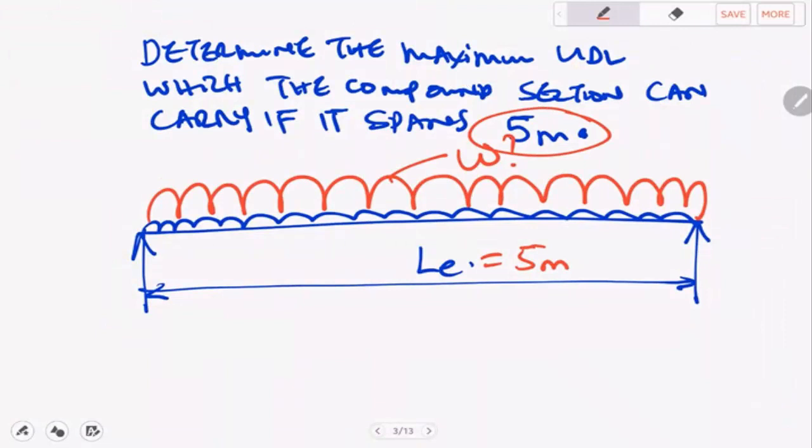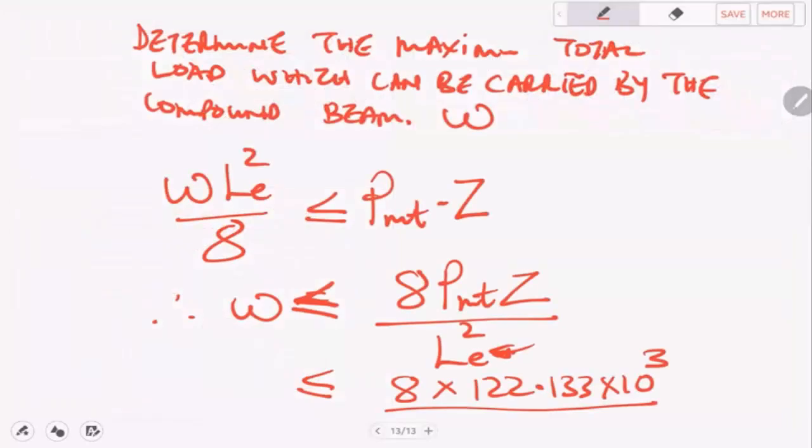Determine the maximum UDL which the compound section can carry if it spans 5 meters. So our L_E is 5 meters. We then divide by 5 squared.